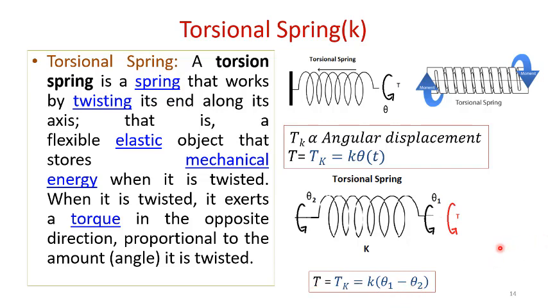So this is for the torsional spring which is free at both ends and having displacements theta 1 and theta 2. We find this type of application whenever we are having two mass blocks, one here and one here, and in between the two mass blocks we can see this type of twist action.